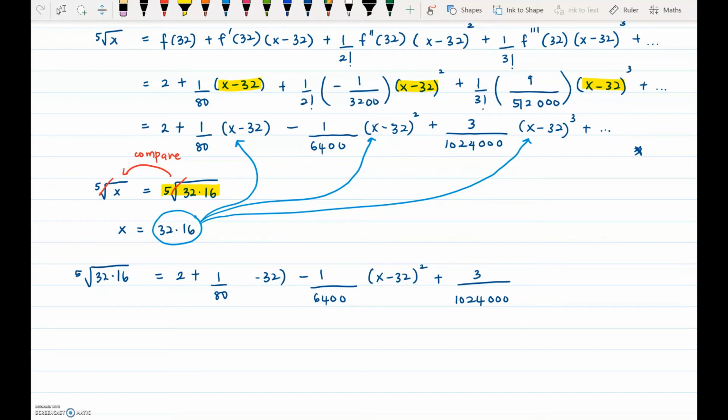Okay, so this one, it should be 32.16 minus 32. So this one, it should be 32.16 minus 32, and this one 32.16 minus 32 cube plus dot dot dot.